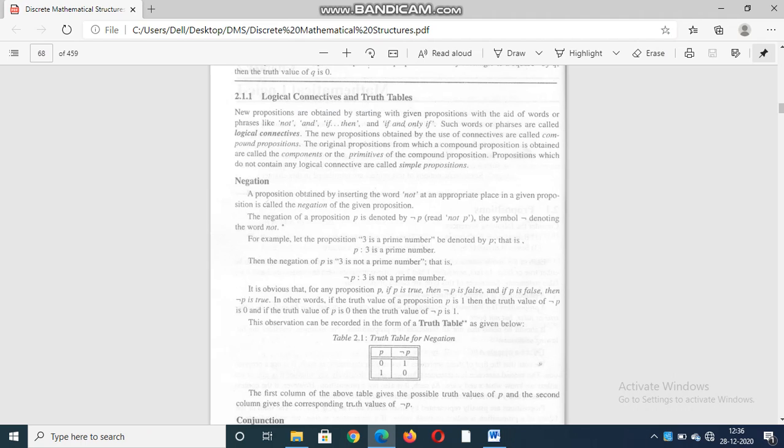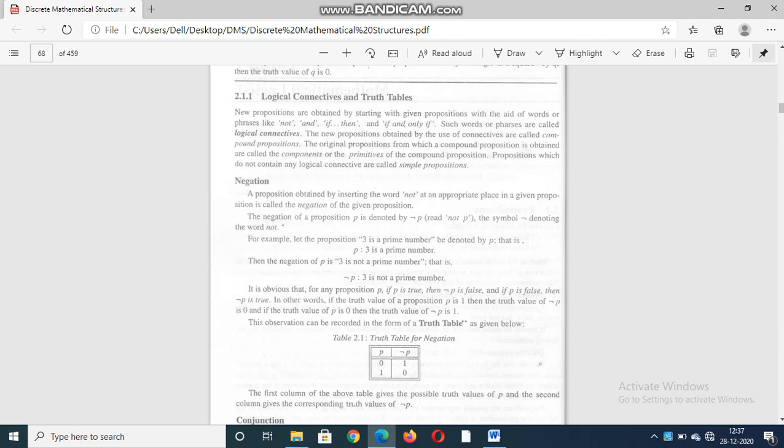In a sense, these words like not, and, if then, if and only if are connected with your given propositions, and we call them logical connectives. The new propositions obtained by the use of connectives are called compound propositions. Up to this we know that.